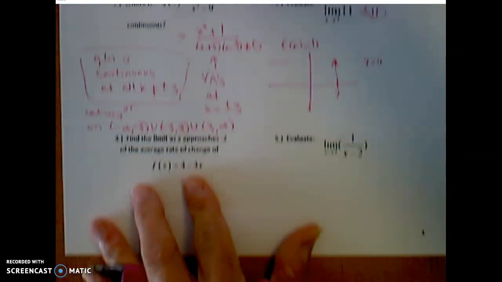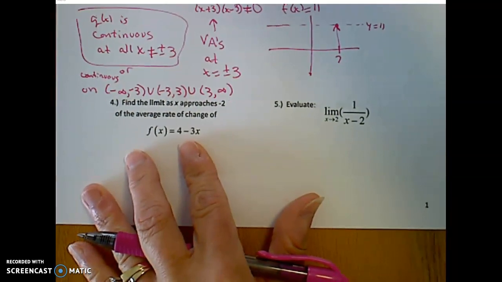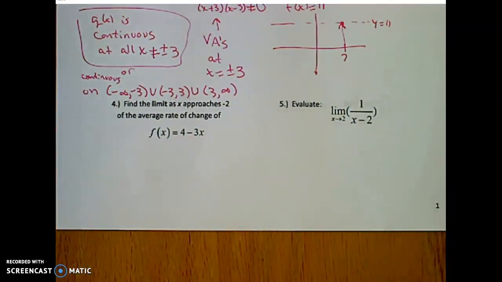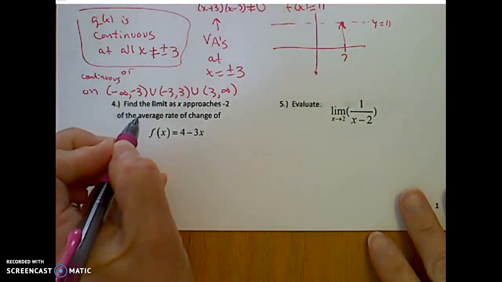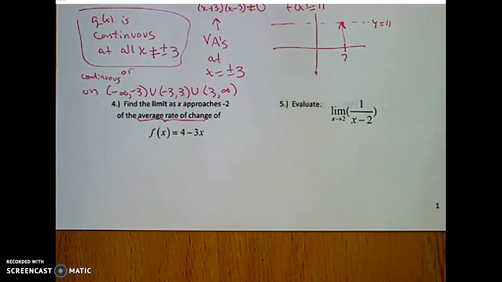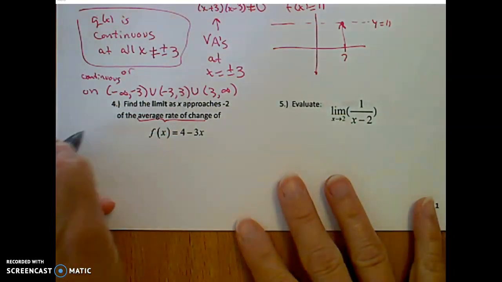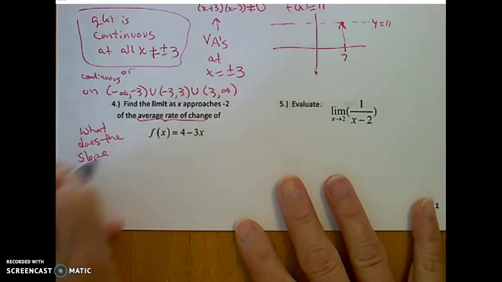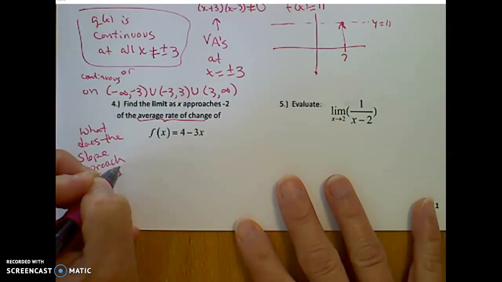Alrighty, let's keep cruising. Find the limit as x approaches -2 of the average rate of change of this function f of x. When I see average rate of change, I think slope. So I ask myself, what does the slope approach as x approaches -2?